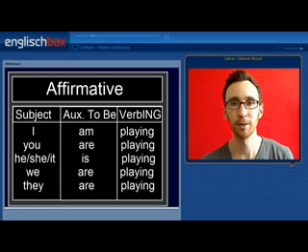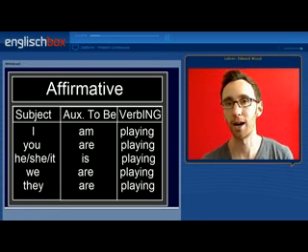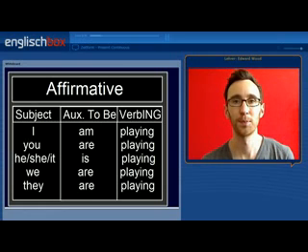In the affirmative, we begin the sentence with the subject, so I, you, he, she, it, we, or they. Then we have the auxiliary verb to be. For example, I am, you are, he is, we are, or they are.